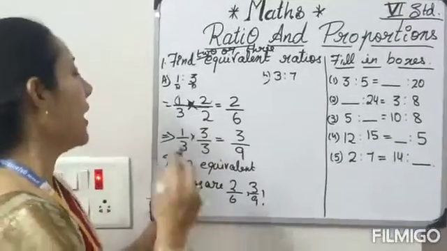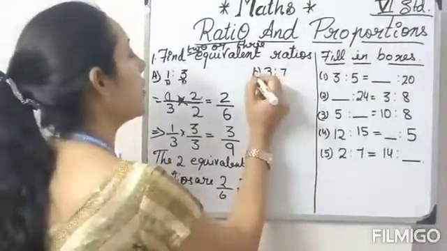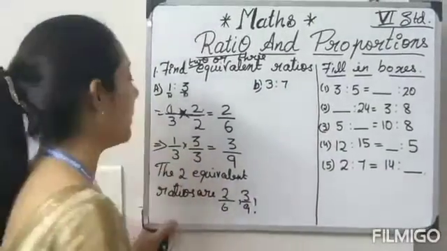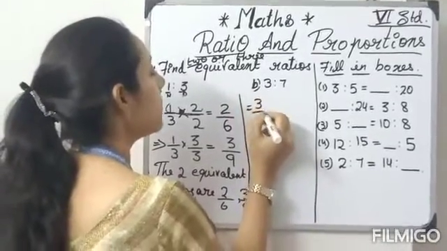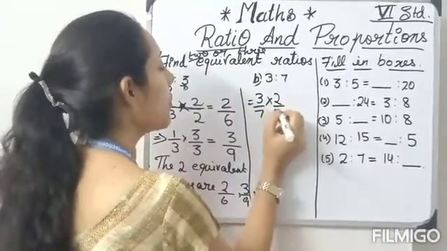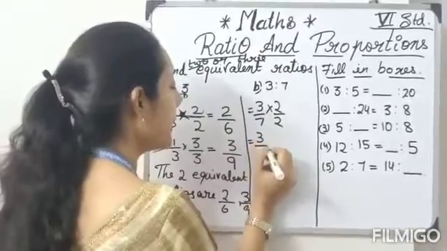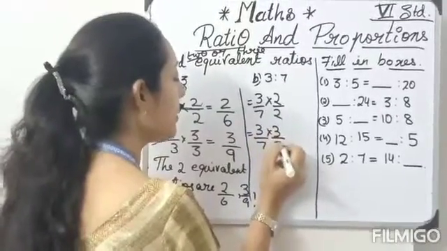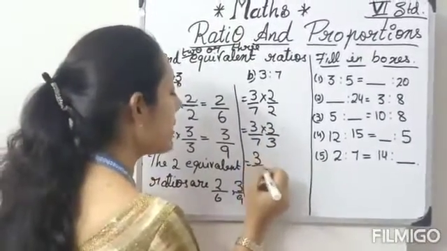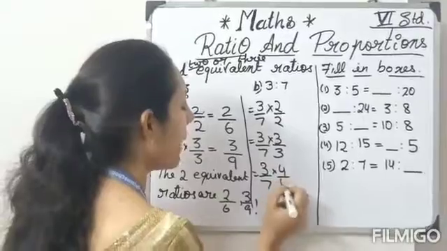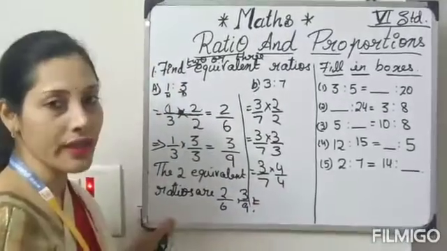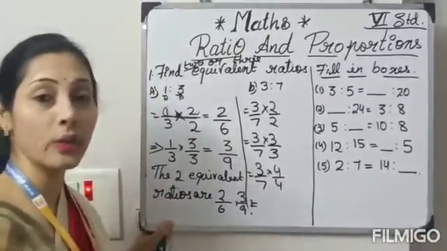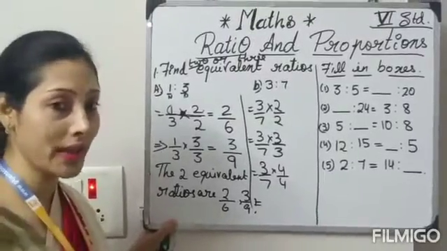Next, again, I'll teach you for three equivalent ratios. 3/7 into 2/2, 3/7 into 3/3, 3/7 into 4/4. You have to calculate three equivalent ratios.